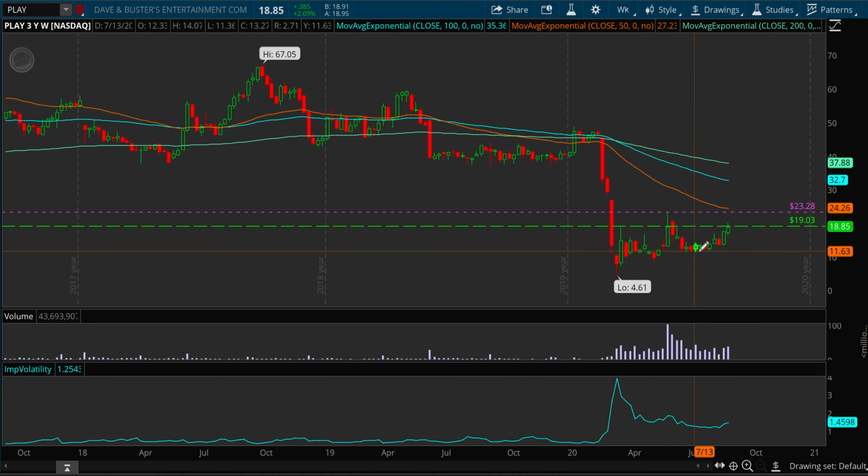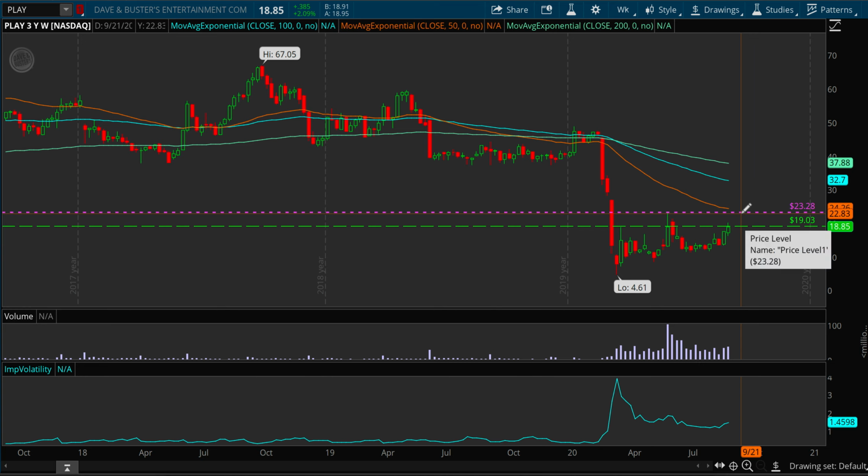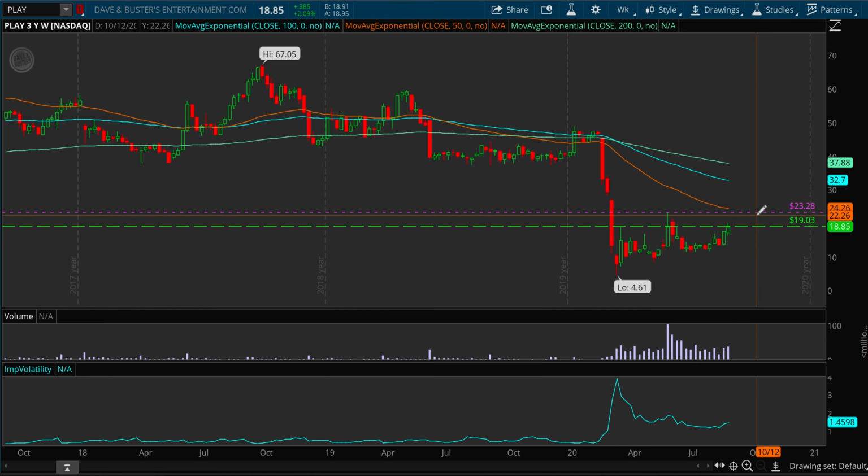So you can see it bounced off that and came back down here. So that creates a range that can actually be a trade in itself. So if it passes that and confirms, you can actually trade up to that and actually know when to exit, because you know that could be resistance. People could actually start selling off once it hits 23.28. So that's also a good reason to have levels as well.